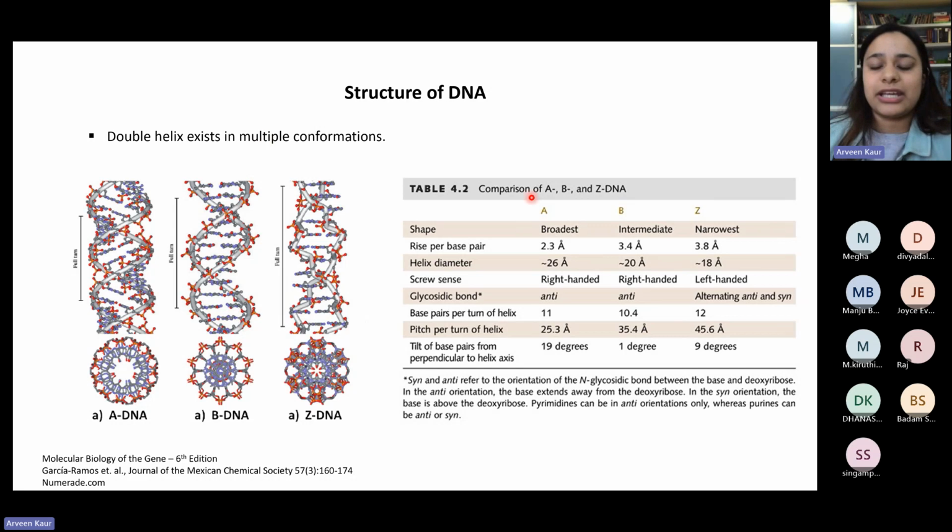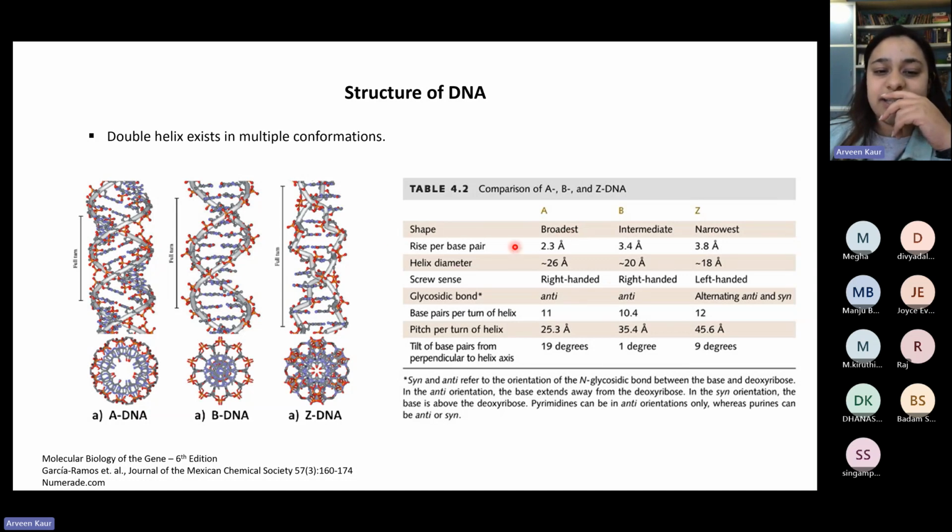For example, if we compare the shape of A, B versus Z DNAs, then B has an intermediate shape. Z-DNA is the narrowest among all, and A-DNA is the broadest among all, right? Because it has those loops, and it is similar on both the ends, so it has to maintain that end-to-end shape. So it is broadest.